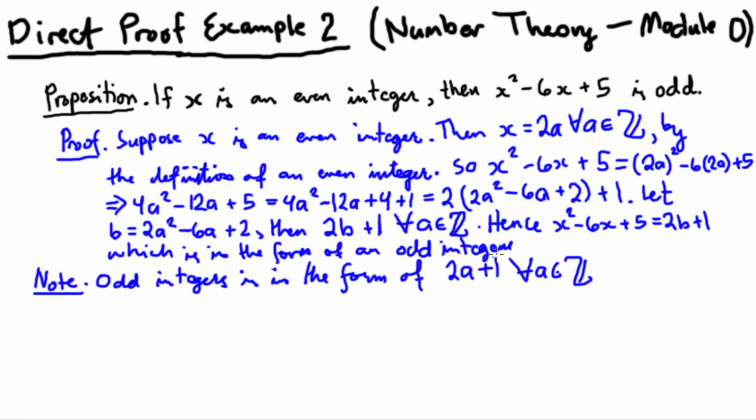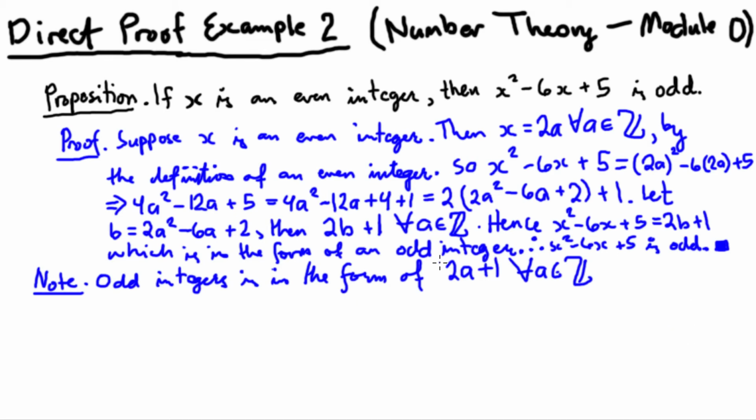So we can now say that x squared minus 6x plus 5 is therefore odd. And this is the end of the proof. I'm sorry, there's a note there that clears up the space, but anyway, that's the point.